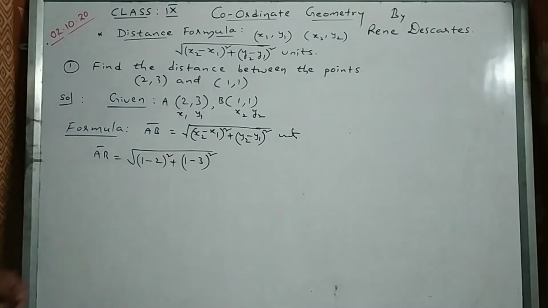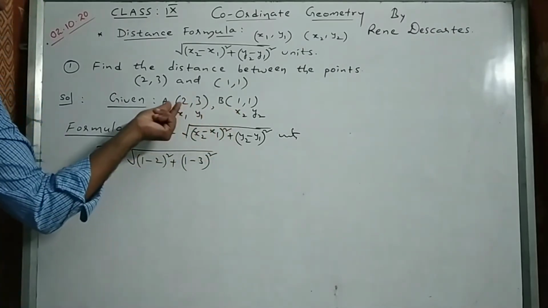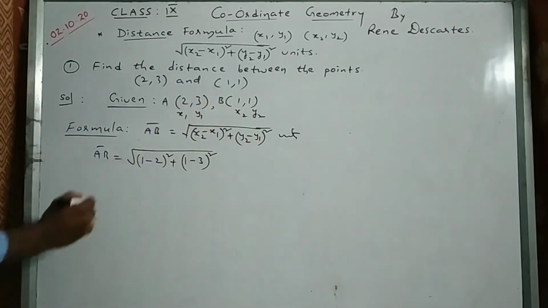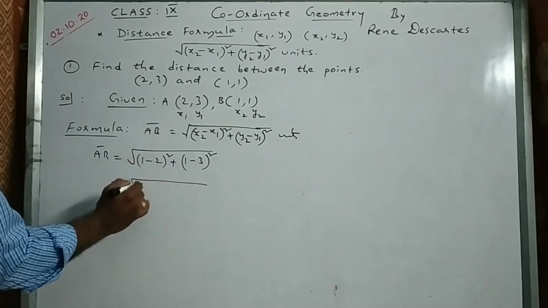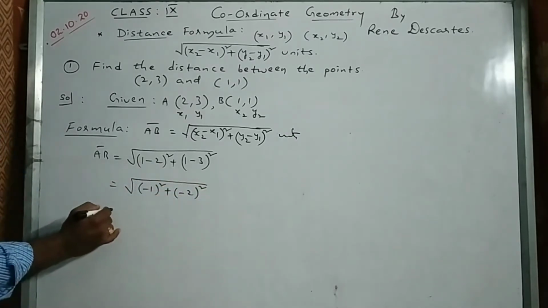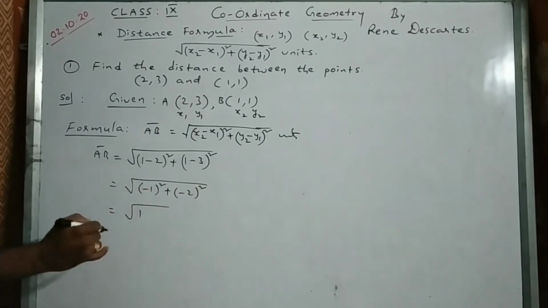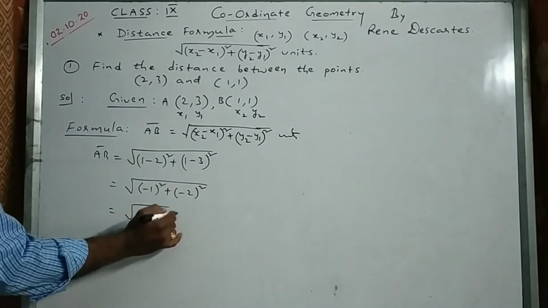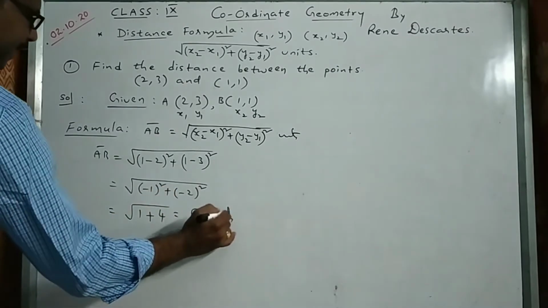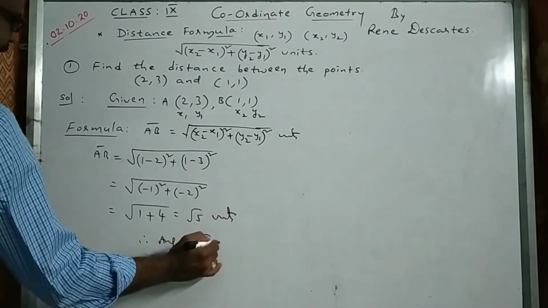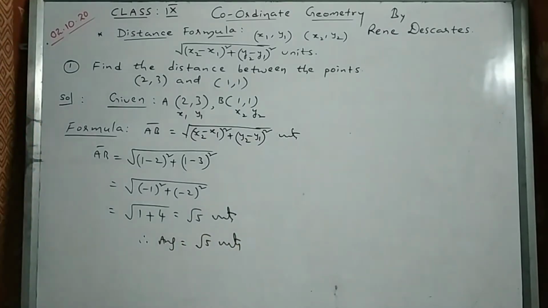Did you understand this? Substitute. 1 minus 2 is minus 1, and this is minus 2. Minus 1 whole square is 1 because minus into minus is plus. Here also minus into minus is plus, 2 twos are 4. So square root of 5 units. Therefore the answer, the distance between the 2 points, is root 5 units.